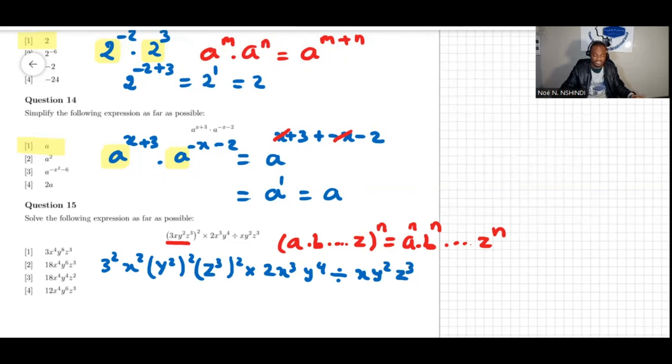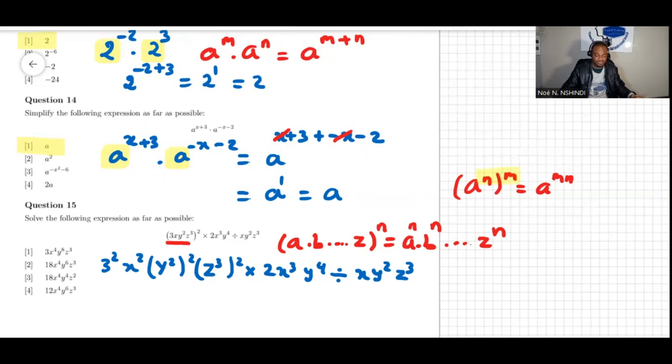So in this situation, let's simplify them. The law of exponents says that a to the power of n all to the power of m is a to the power of m n. So we times these exponents like that.